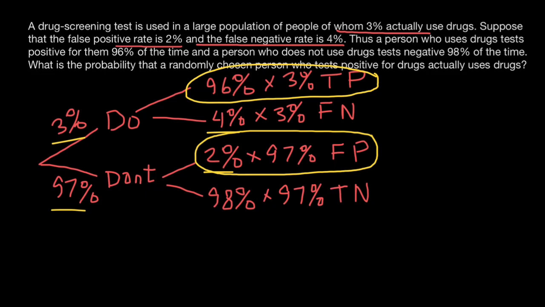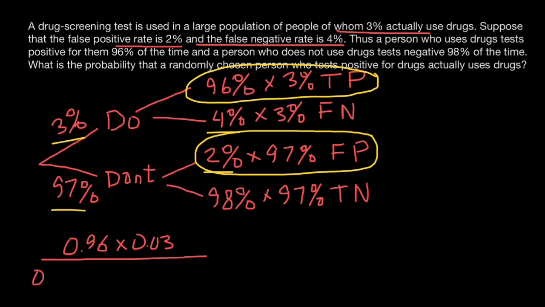In other words, what we have to do: 0.96 times 0.03. So I convert these percentages into decimal numbers and we have to divide. So this is true positive by the total number of people who test positive.